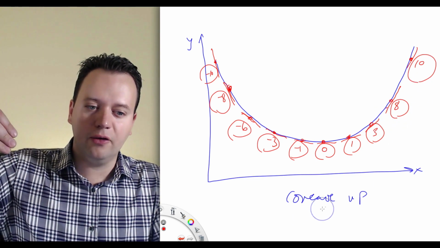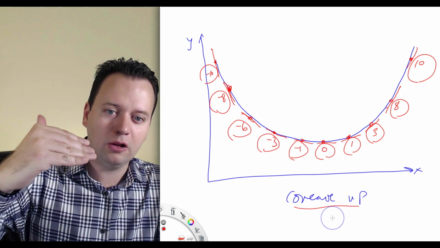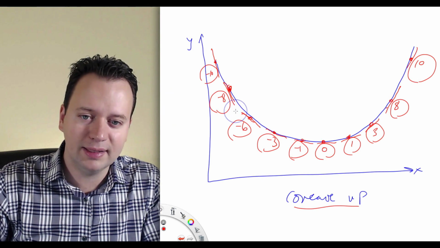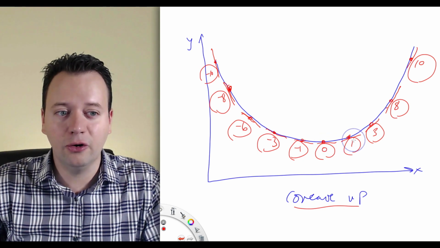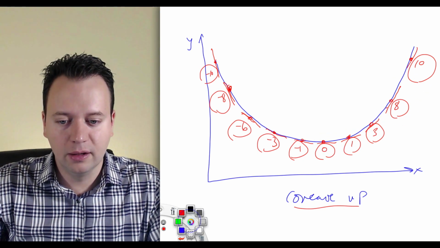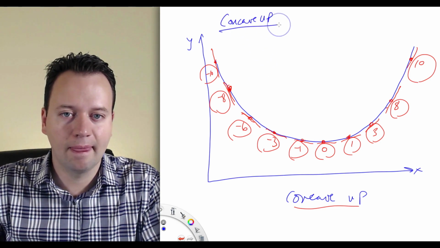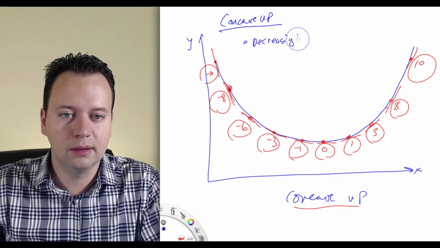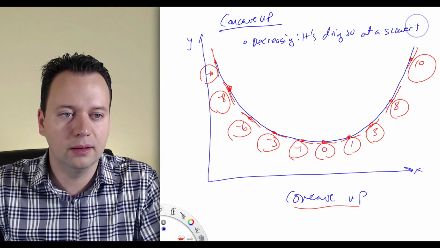So for concave up, if it's decreasing, it's decreasing at a smaller and smaller rate. So that decrease starts off at a large rate and it's decreasing at a slower and slower rate. If it's increasing, it will be increasing at a greater and greater rate. So concave up, if it's decreasing, it's doing so at a slower and slower rate.